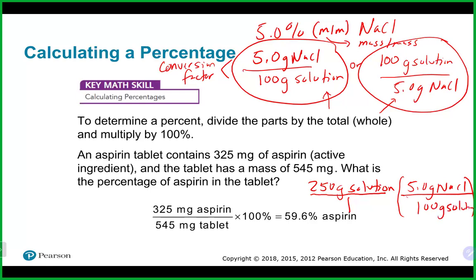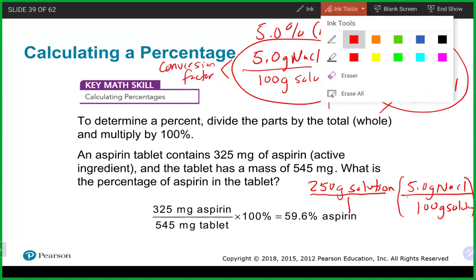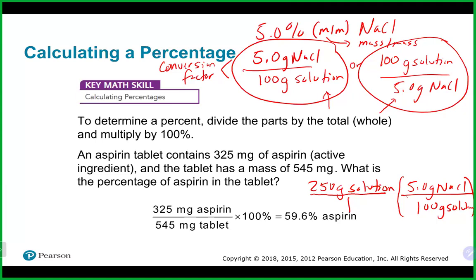Now, what we're doing mathematically when we do dimensional analysis like this, and again, we're going to do a lot more examples in chapter 2, it's just kind of previewing a little bit here, is whatever is on top gets multiplied, and whatever's on the bottom gets divided.